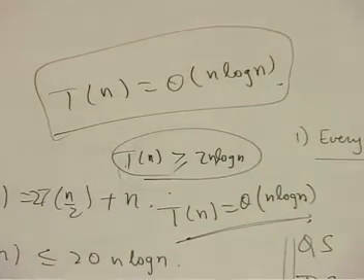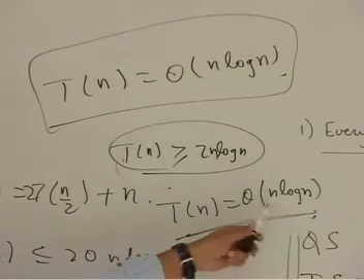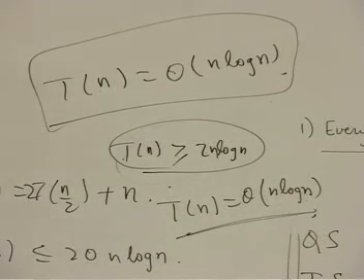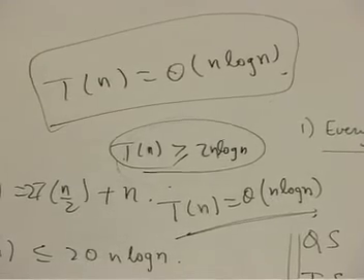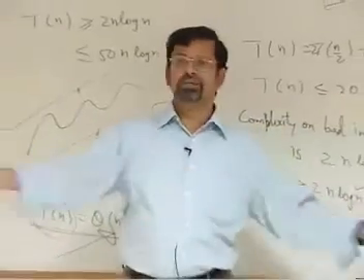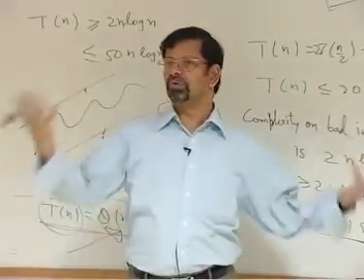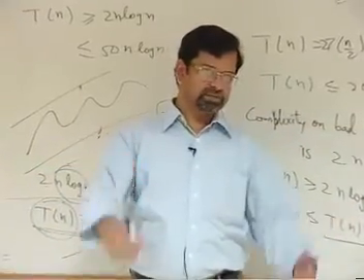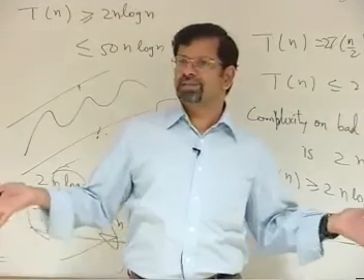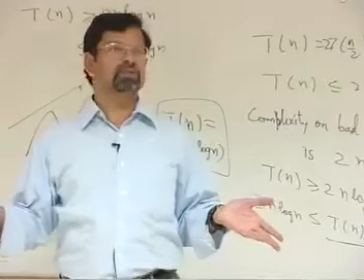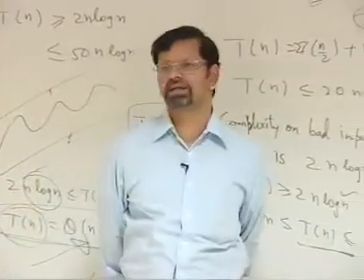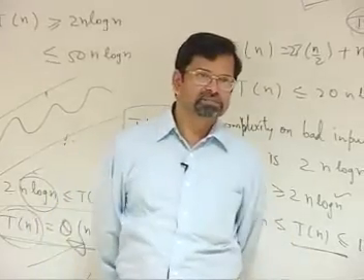Until both are done, you do not have an exact idea. You may have a big gap also. Your upper bound could be n cube, your lower bound could be n square, it is anywhere in between. You don't know what it is like. Even that can happen. In that case, the complexity status is not exactly known. I have a rough idea, but I don't know exactly what the complexity of this particular algorithm is.